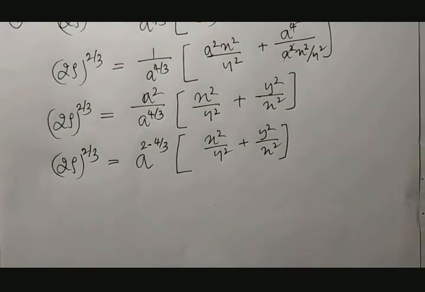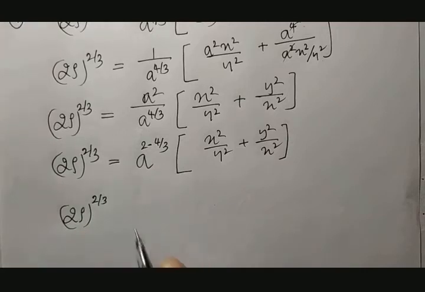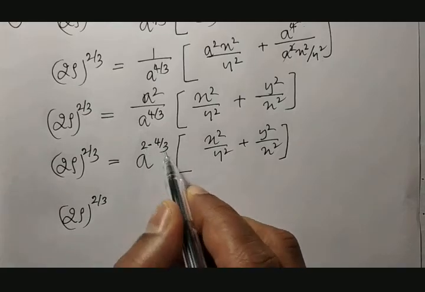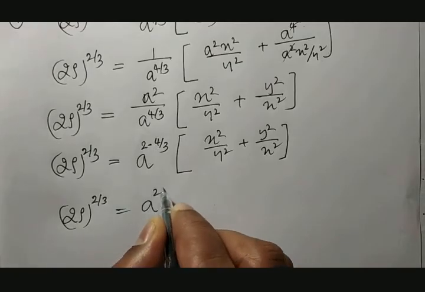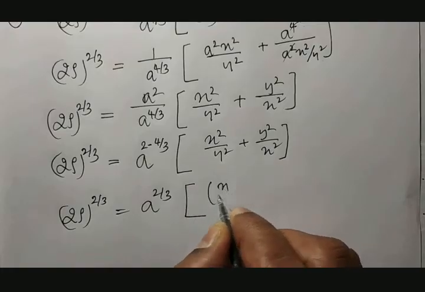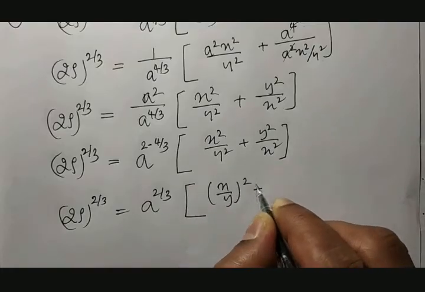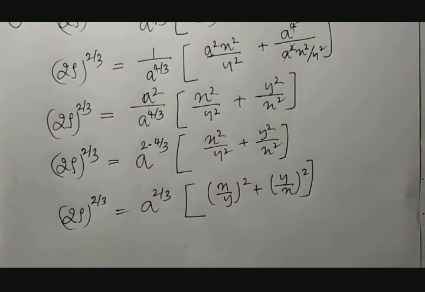Which is equal to 2 into rho raised to 2 divided by 3 is equal to, 2 minus 4 by 3 is 2 by 3, a raised to 2 divided by 3 into x square by y square, which can be taken as x by y the square, plus y by x the whole square.